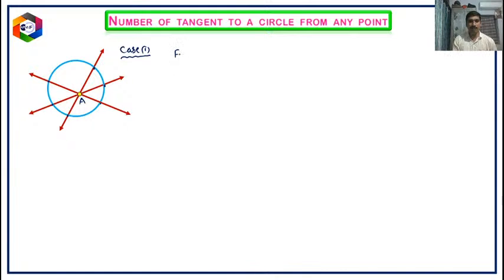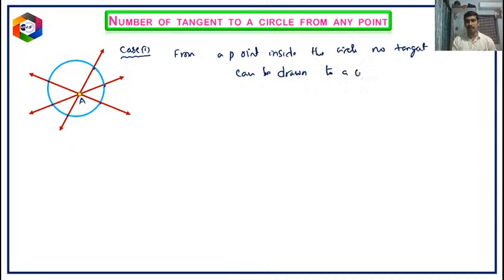Now from a point inside the circle, no tangent can be drawn to a circle.